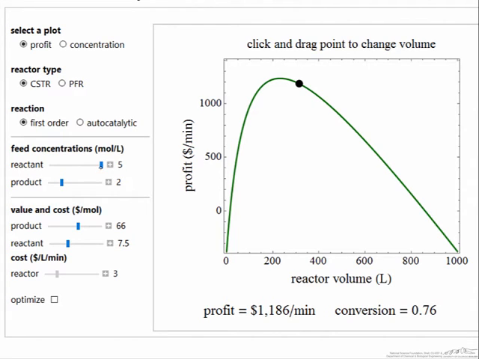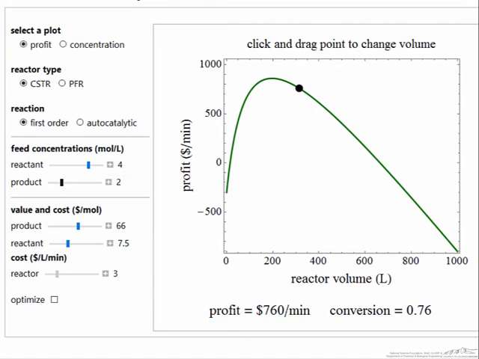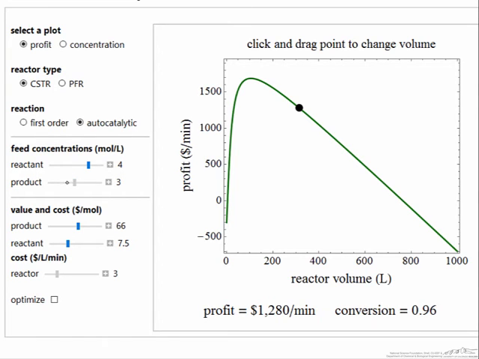Well, feed concentrations affect reaction rates and conversion, and then product concentration has no effect unless we're looking at an autocatalytic reaction. Now for autocatalytic, there is a significant effect because the reaction rate increases if we have product in the feed initially.